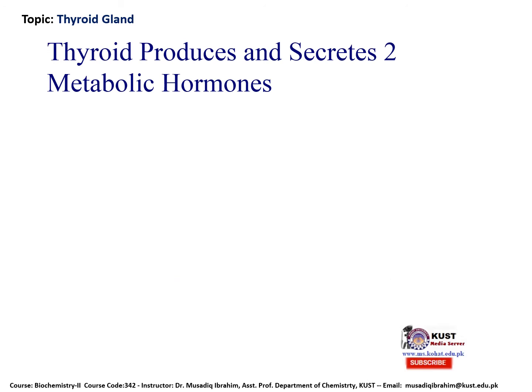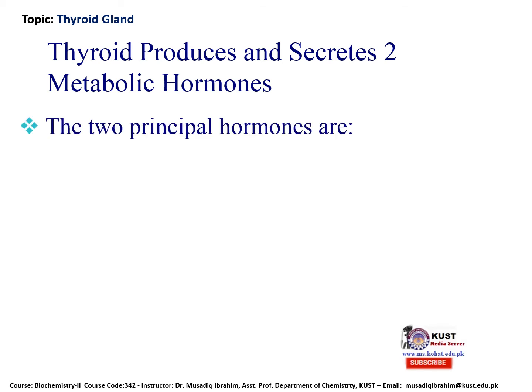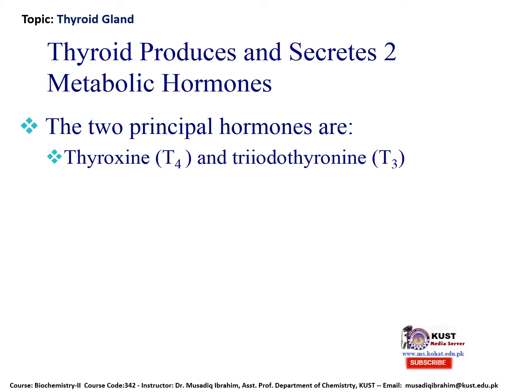So the thyroid gland produces and secretes two metabolic hormones. Now these two hormones are thyroxine, which is also known as T4, and triiodothyronine, which is also known as T3.